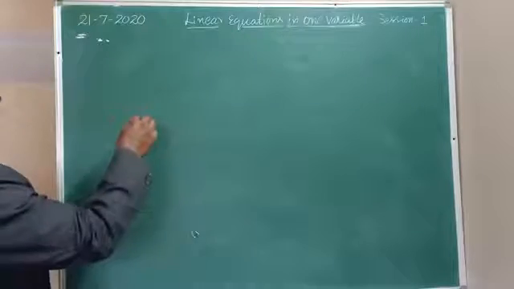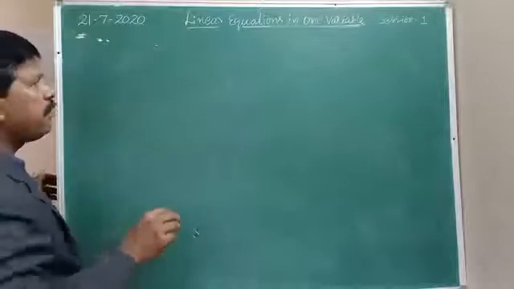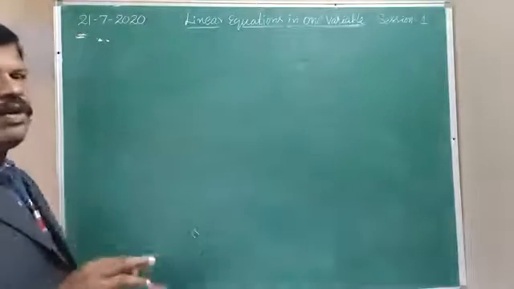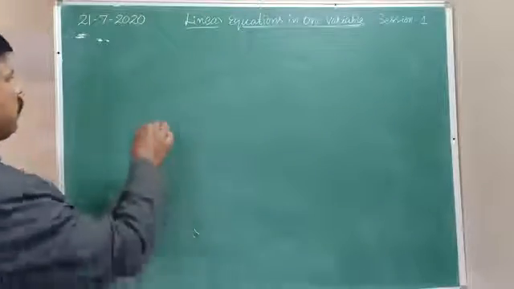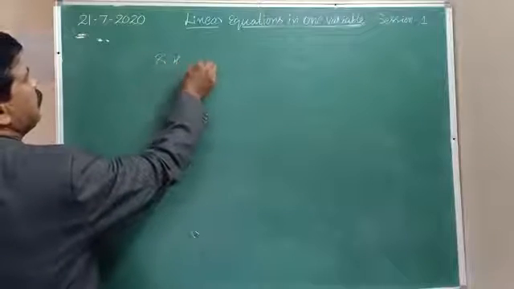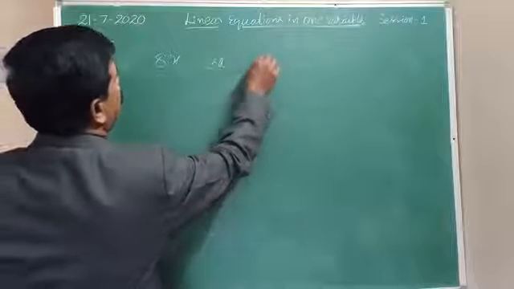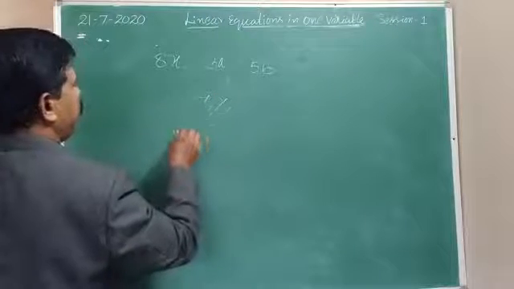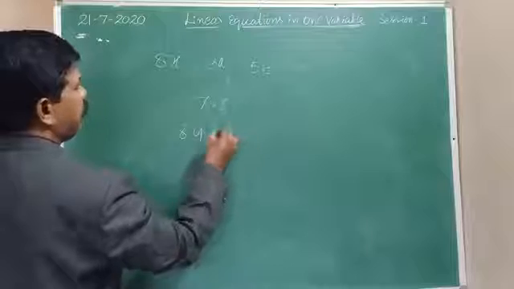Now, what are algebraic terms? Algebraic terms are nothing but the terms consisting of variables, alphabets, and numbers. For example, 8x, 3a, 5b, 7x, 8y plus 3.